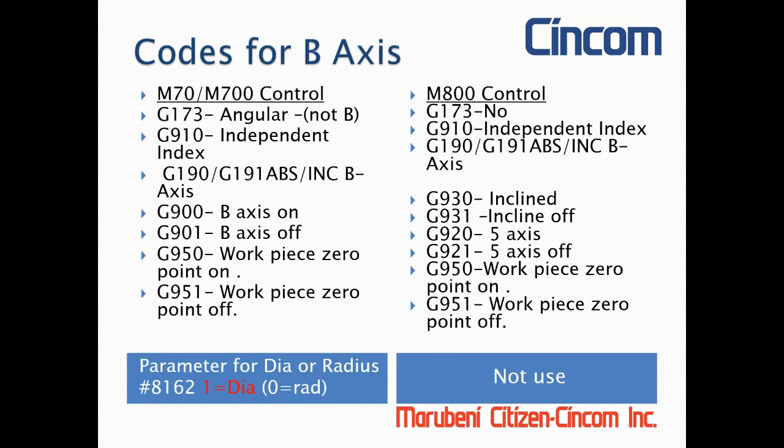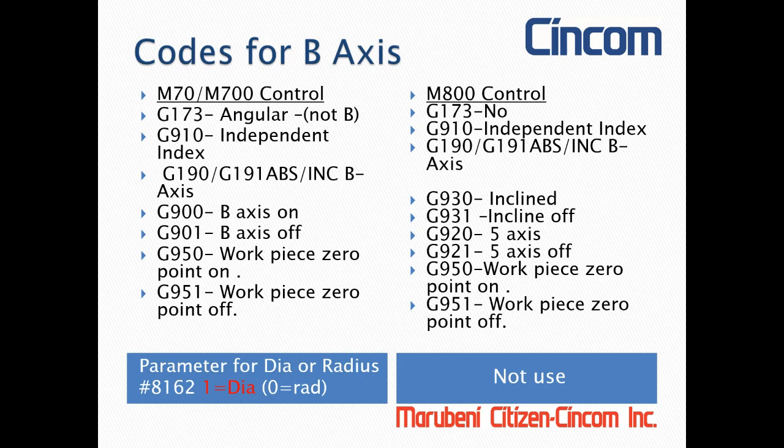This is the one that you can command real 5-axis. In M800 control, as I said before, for G950 coordinate rotation command, you must use that one if you want to use the fixed head and the 50 tools. That's what you've got to use.